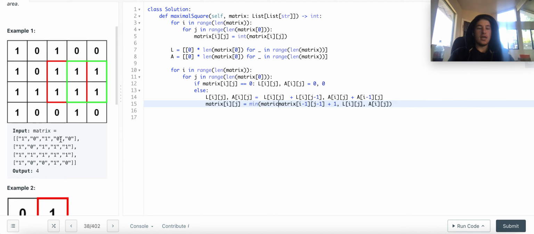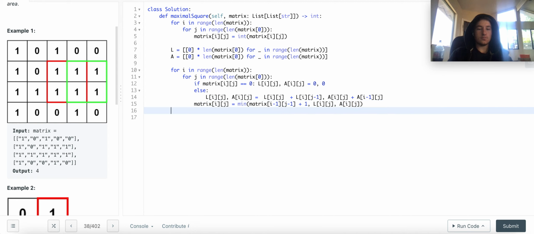Because if there's 0 to the left and there's 0 above, but you set this to 1, so this would then be 1. And if that was 0, it would be 1. No, so it's fine. You don't need to do all that. And at the end, you just return the max of a row for each row in matrix.